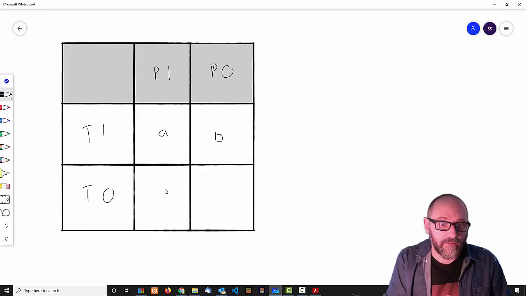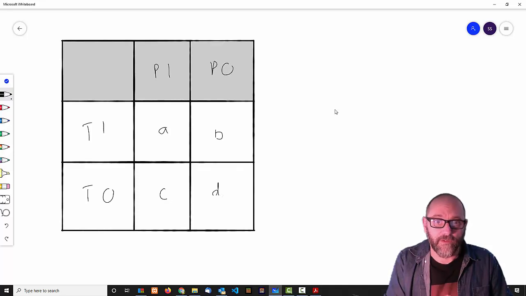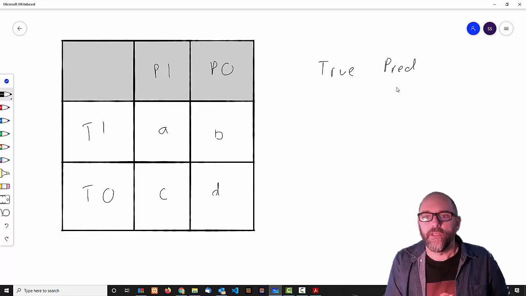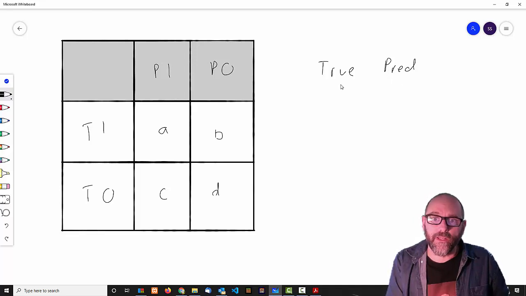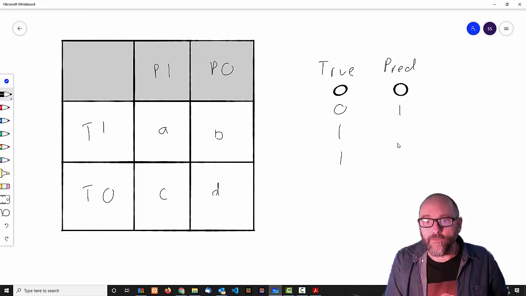A, B, C, and D. Okay? So then imagine the truth and the prediction. If the true labels were 0, 0, 1, and 1, and you predicted correctly for this one and wrong for this one, and correctly for this one and wrong for this one.